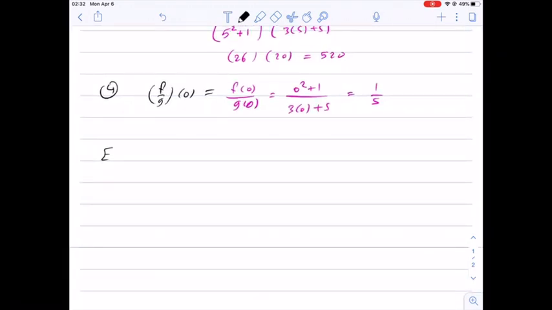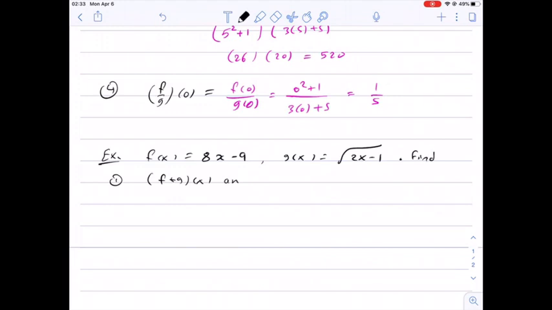Let's take another example. If f of x equals 8x minus 9 and g of x equals square root of 2x minus 1, we first find f plus g of x, and then we find its domain.